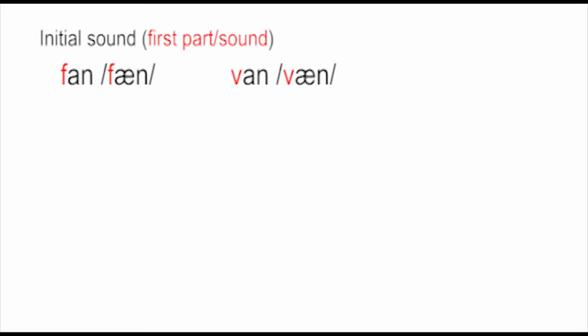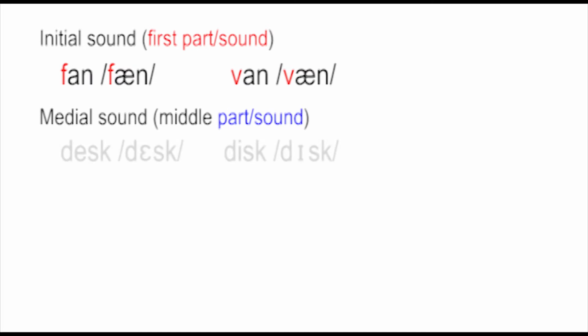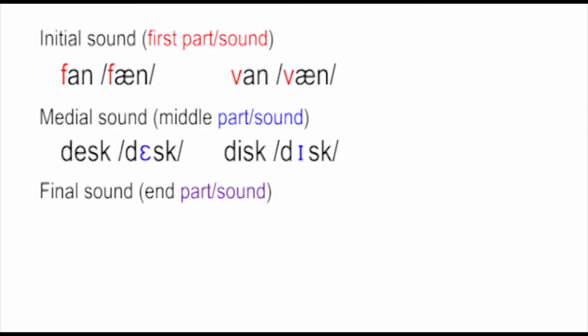And then for the medial sound, we can see the vowel e in one word and i in the other, so the difference is in the middle of each word. And then for the final sound, we see the example hat and head. There is a difference in the last sound of each word, t and d.